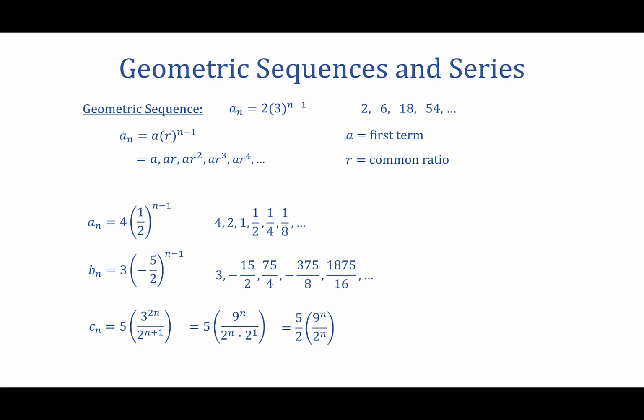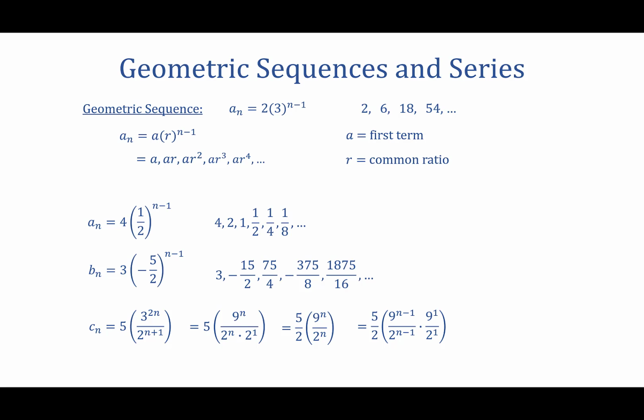If we want the first term, we could always just plug in n equals 1, and you can see that it would be 45 over 4. That would be the first term. Or again, we can use exponent rules. Change both the numerator and the denominator into 9 to the n minus 1 times 9 to the 1. Remember, we want n minus 1, so subtract 1 from the exponent and then multiply by 9 to the 1.